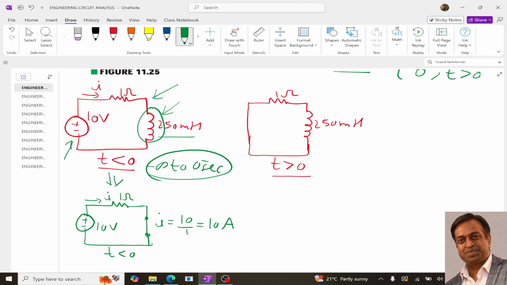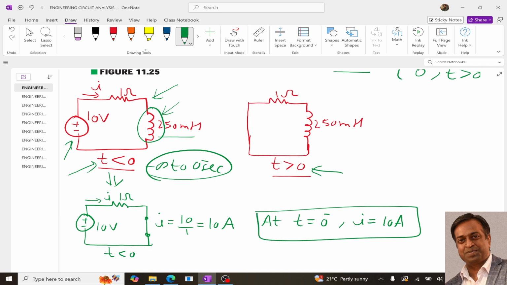At t equals 0 minus, just before the condition changes from t less than 0 to t greater than 0, the current flowing is 10 amperes. So we can write that at t equals 0, I is equal to 10 amperes.